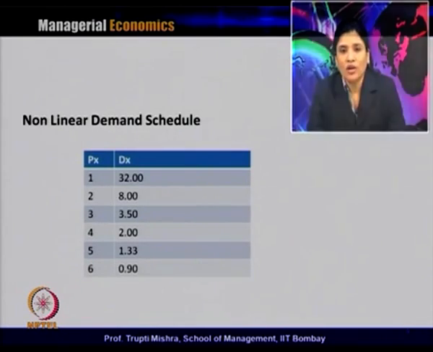The change in the quantity demanded with respect to each price point becomes different, and this is a typical feature of a nonlinear demand curve. And when we plot this in a graph, we generally get a curvilinear relationship, in the form of a curve. We don't get a straight line, which is generally the representation of a linear demand curve.